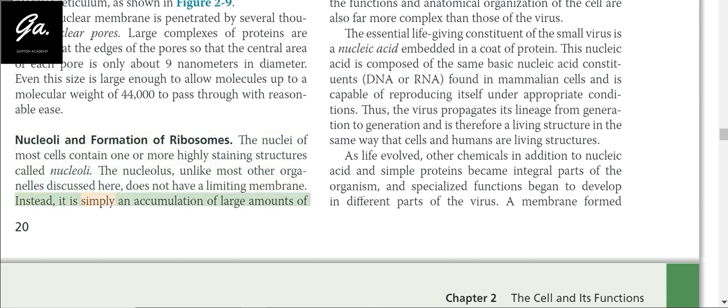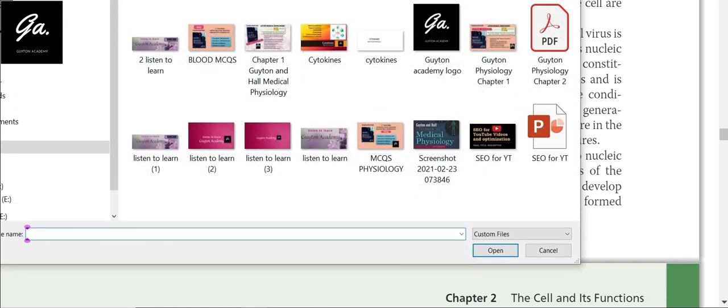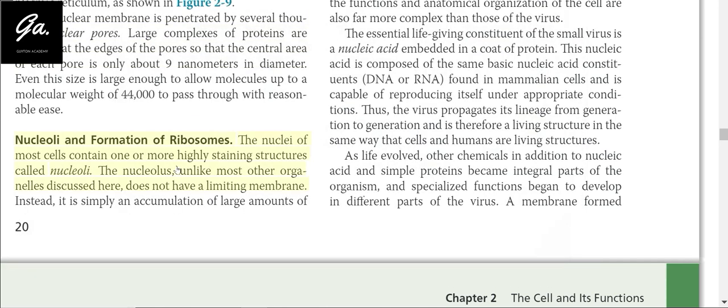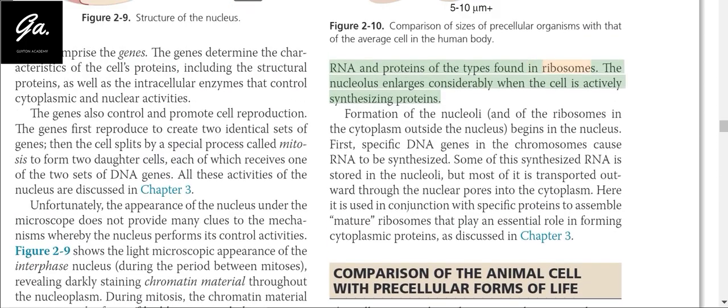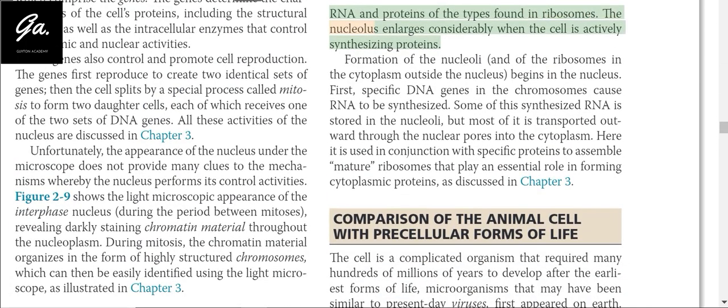Instead, it is simply an accumulation of large amounts of RNA and proteins of the types found in ribosomes. The nucleolus enlarges considerably when the cell is actively synthesizing proteins.